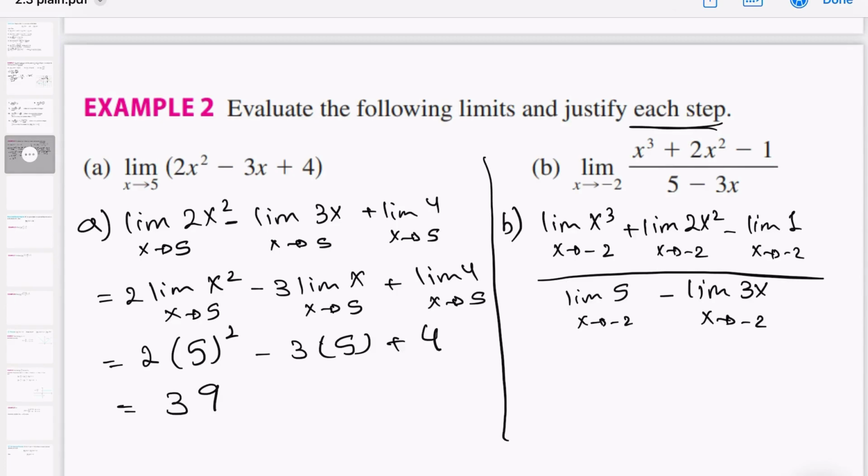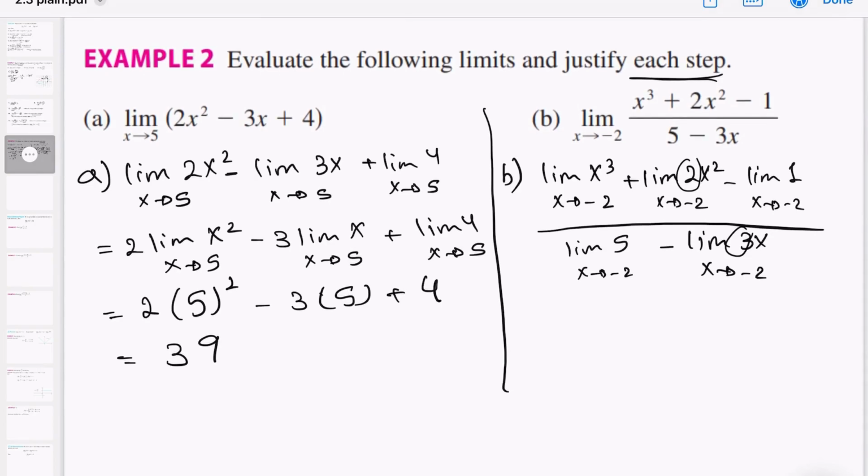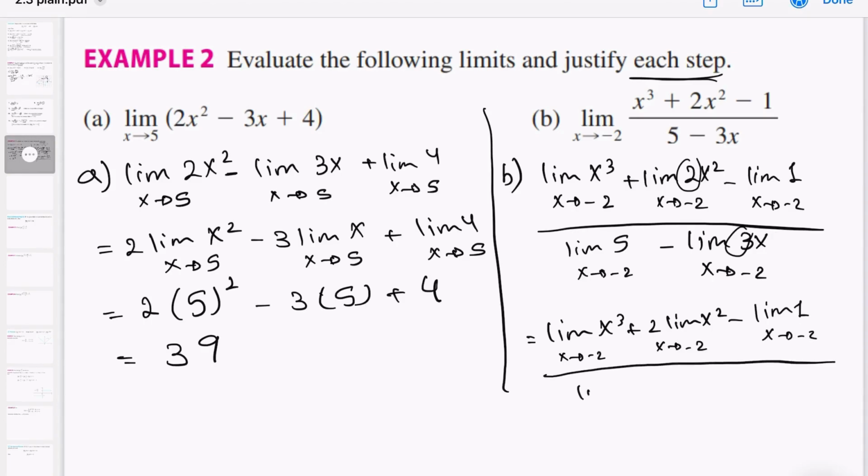And by law 3, that's multiplying by the constant, I can just take this constant out. So what we're going to have is equal to limit of x cubed plus 2 times limit of x squared minus limit of 1 as x goes to minus 2 over limit of 5 as x goes to minus 2 minus 3 times limit of x as x goes to minus 2.